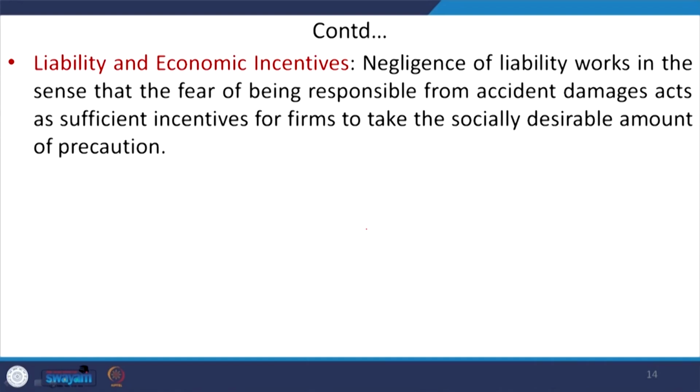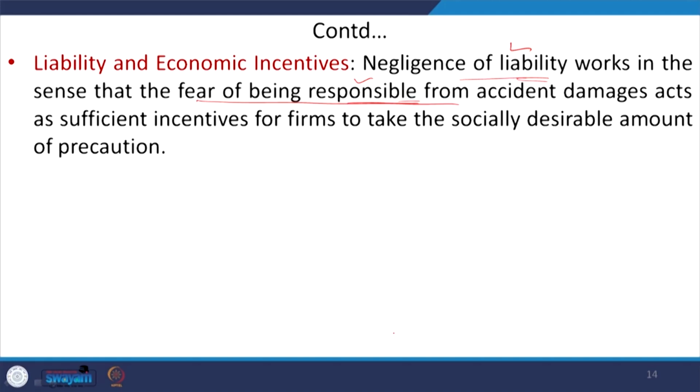Okay. So, now let us talk about how liability is also providing economic incentives. When you are neglecting liability, it means you are not afraid of being responsible.